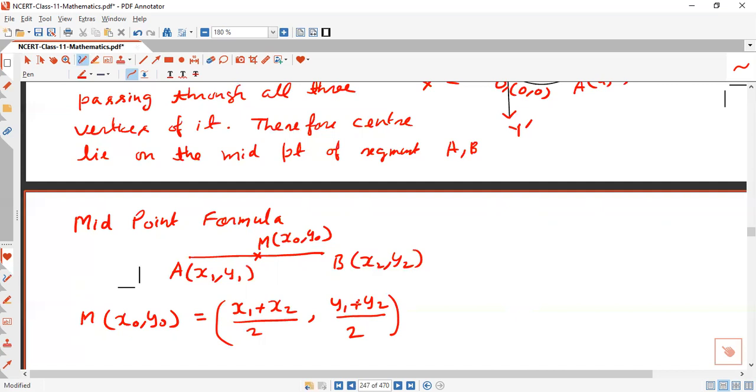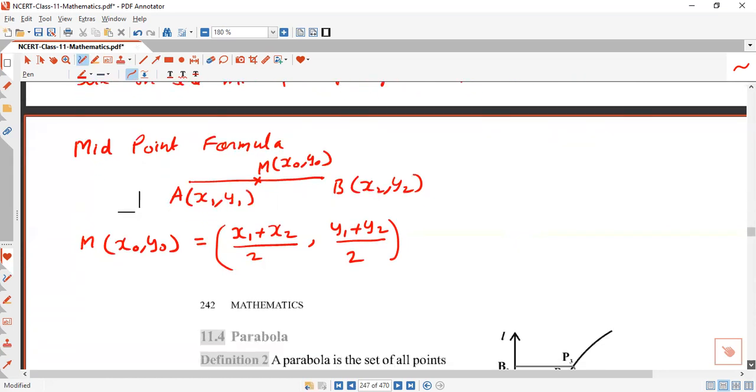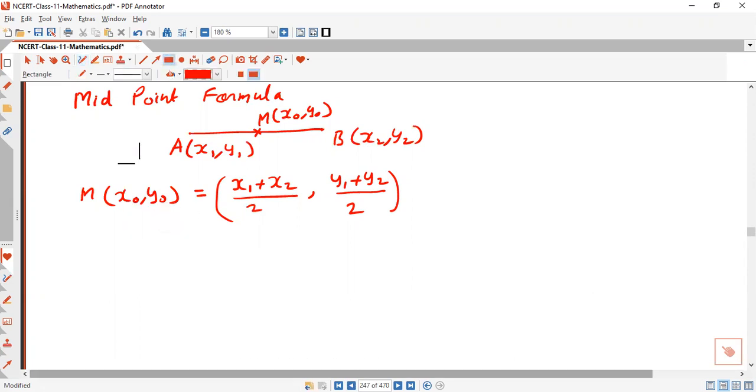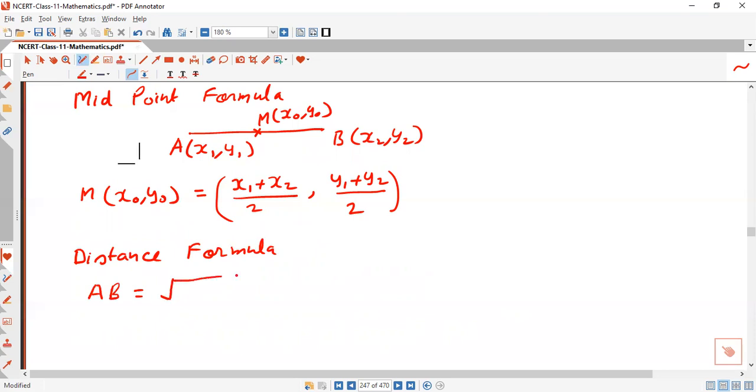Second, we have to use the distance formula here also. In these questions, we will use the distance formula also, because we are looking for the distance between two points. Let's say, what is the distance between this point A and B. The distance formula: AB equals under root of (x2 minus x1) whole square plus (y2 minus y1) whole square.